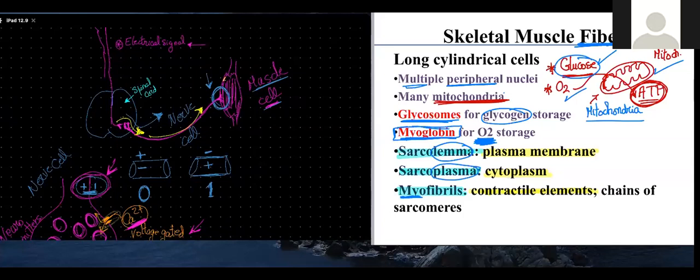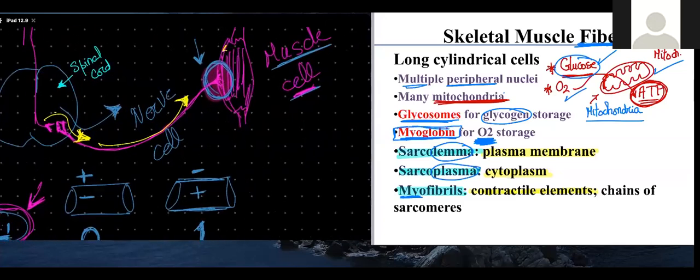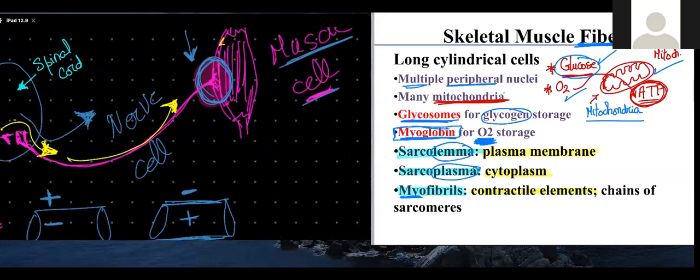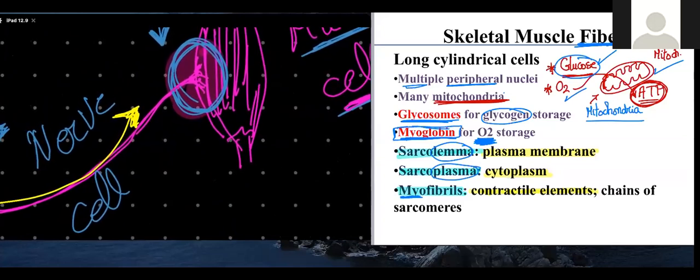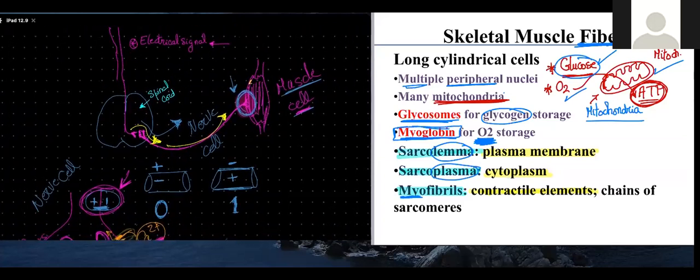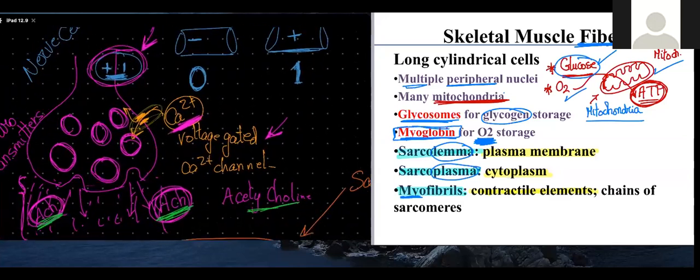Here we are magnifying the junction between the muscle cell and the nerve cell. This point. We are looking at one of the terminal ends of the nerve cell and one of the muscle cells they get in contact with. So this is my nerve cell.